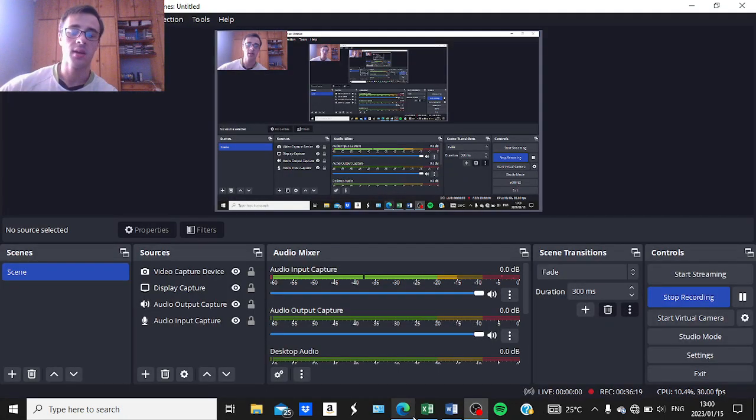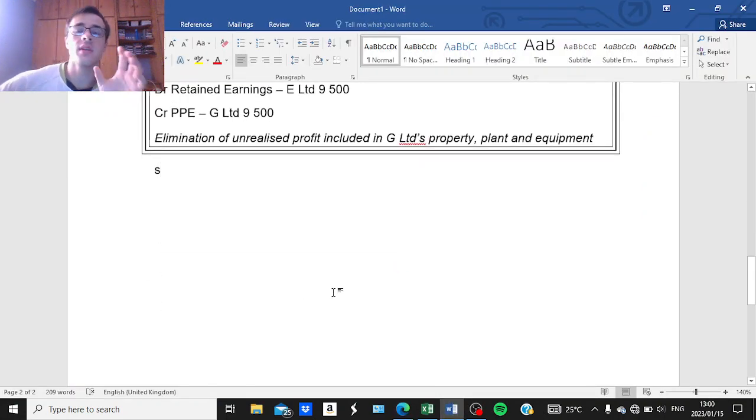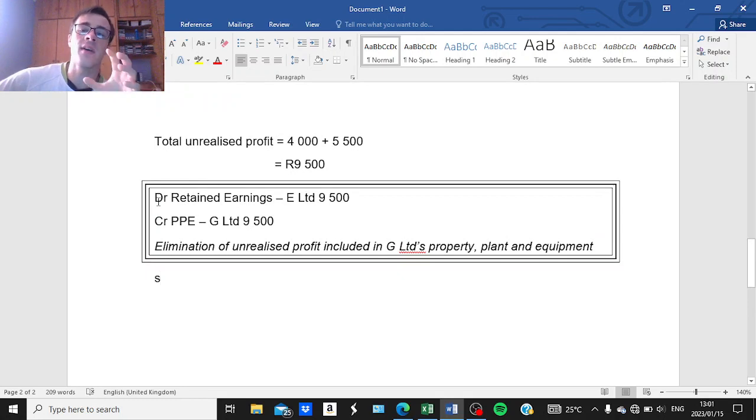Yes, it is. So in terms of this journal entry, keep in mind that you do not need to provide the pro forma consolidation journal entries in question 2. This is only for the purpose of understanding the adjustments that need to be made in terms of this transaction.